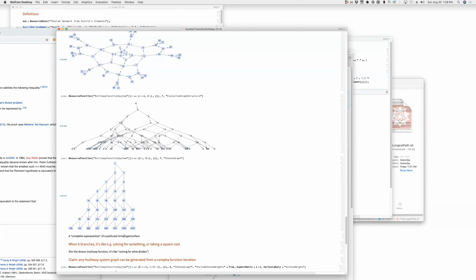A particular branch-like hypersurface can be thought of as a sum of the complex numbers obtained. I'm just stating the superposition principle, that's all.